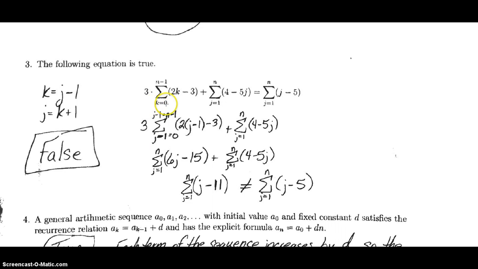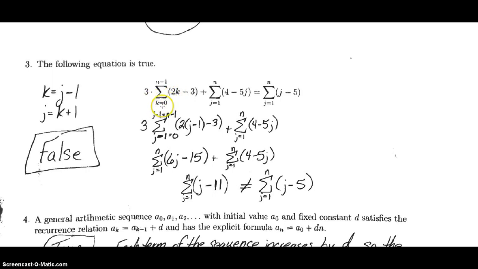So I want this to start with 1 and go to n. And in order to do that, I need to bump it up by 1. So by replacing my k by j minus 1 and then solving for j, I end up letting j go from 1 to n, and so I can add across.